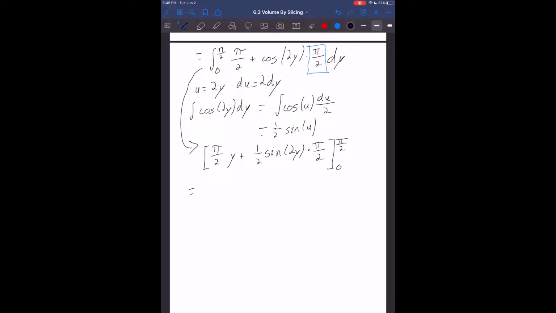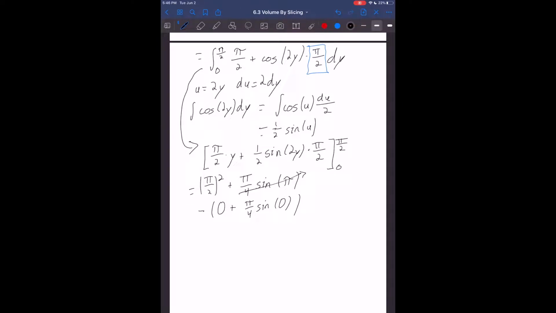Okay, and we can plug this in. We're going to get that this is equal to (pi over 2) squared plus pi over 4 times the sine of pi, and then minus everything that happens when we plug in 0. The first part will be 0, and the second part will be pi over 4 sine of 0.